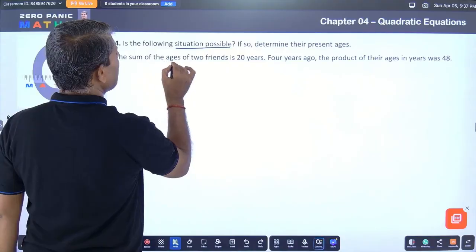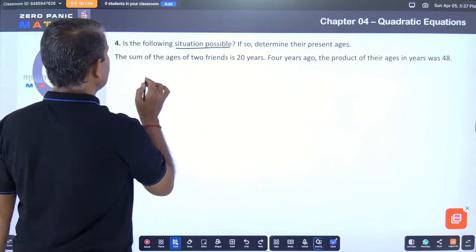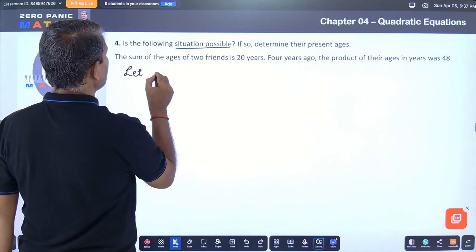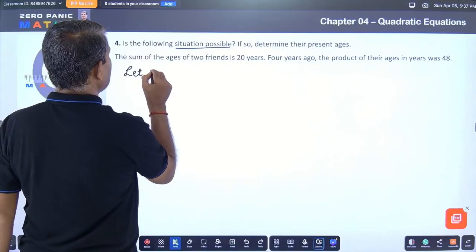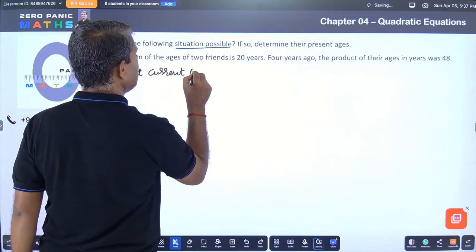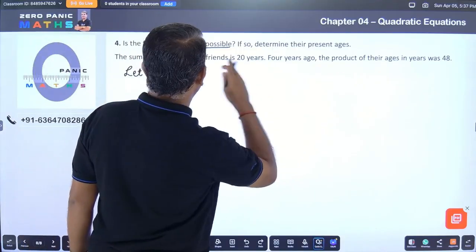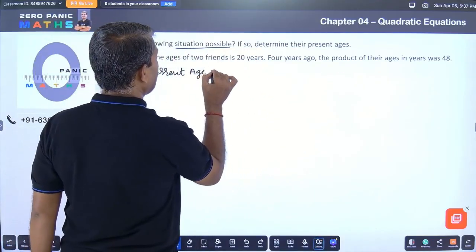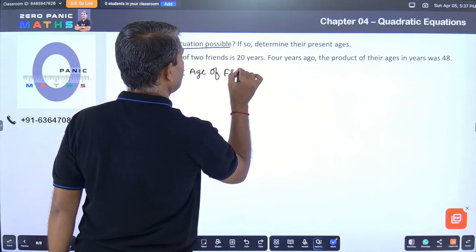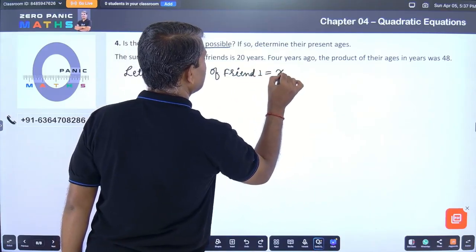The sum of the ages of two friends is 20 years. Let the current age of friend one be x years.